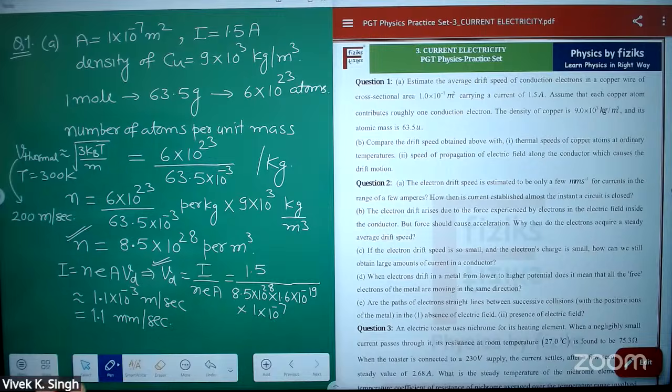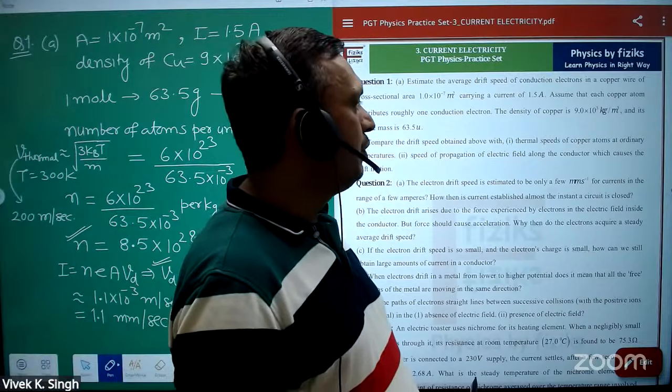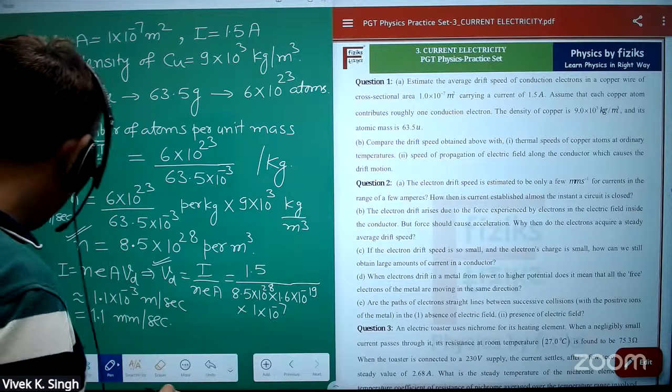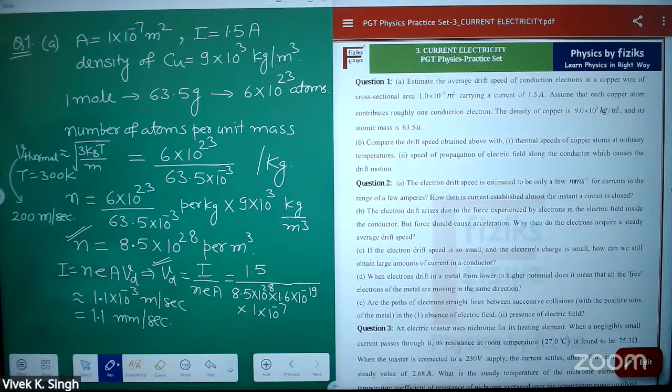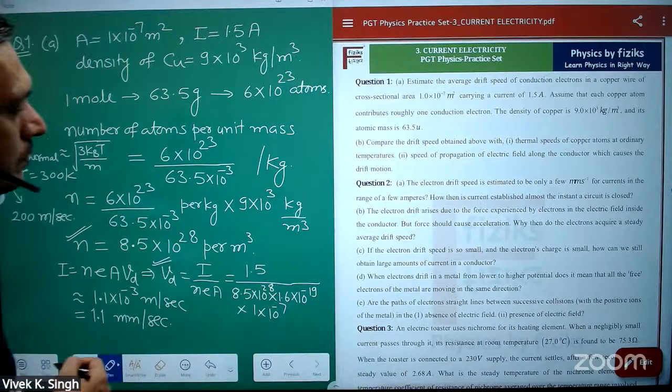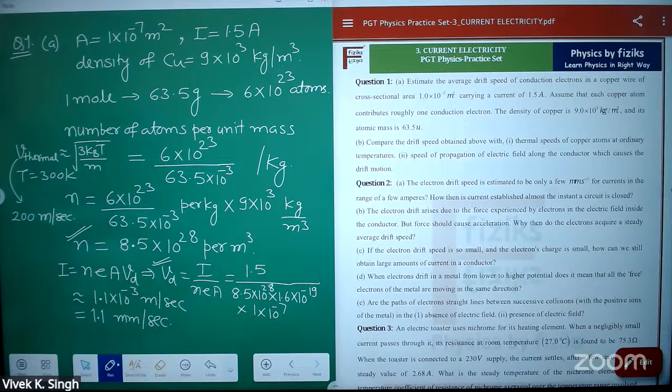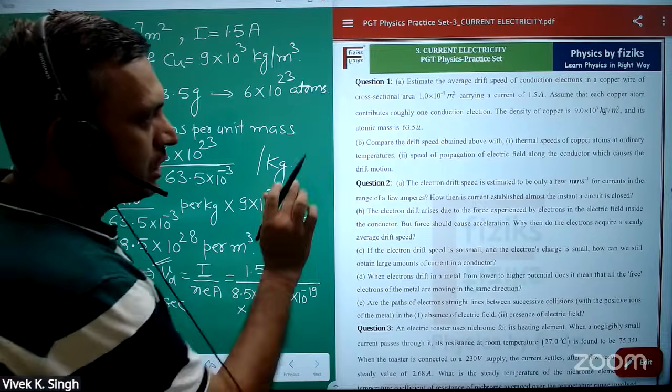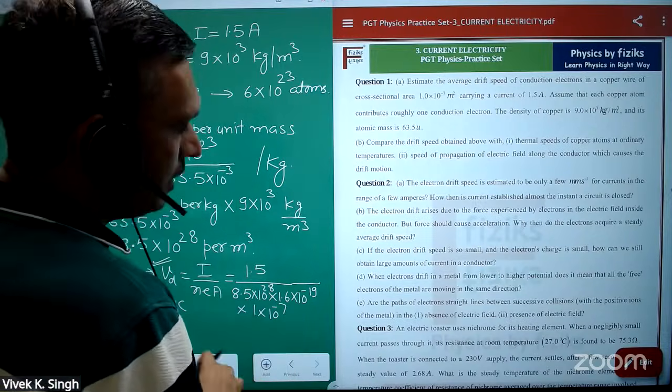And the speed of propagation of the electric field along the conductor is of the order of the speed of light in that material, and that is very high. Clear? So that is question number 1, based on the drift current.